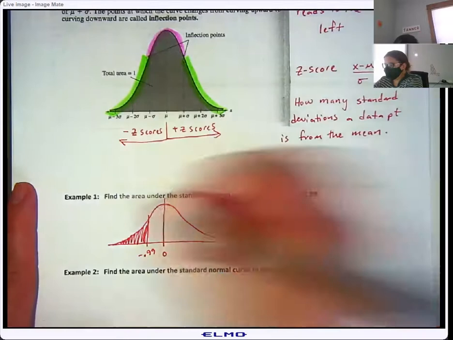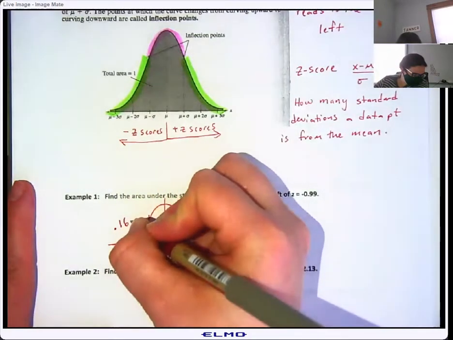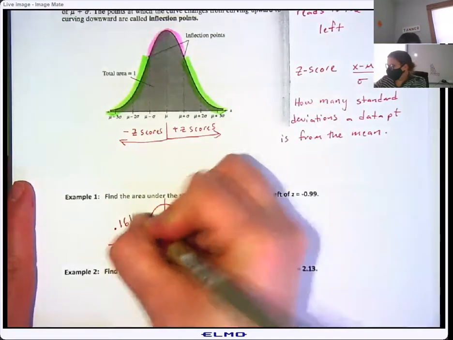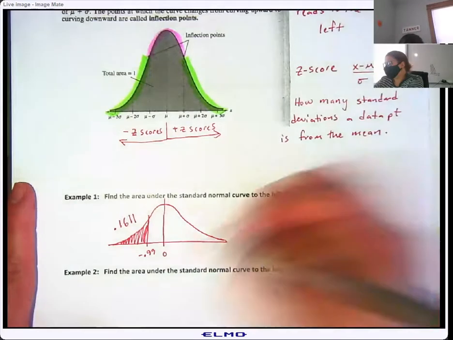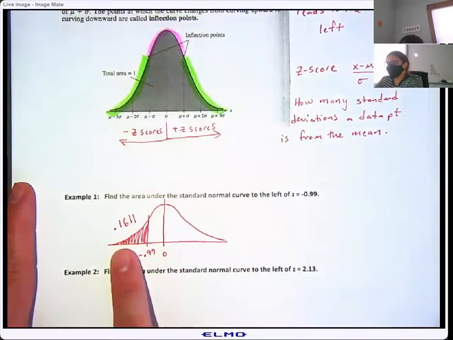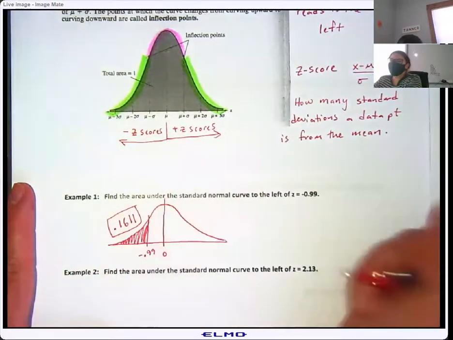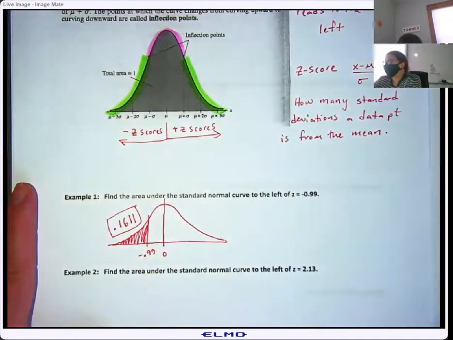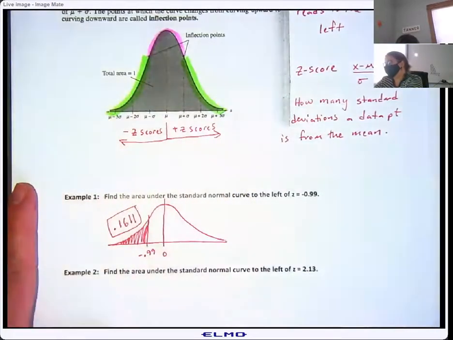So does it make sense that this answer is 0.1611? 16% is what's shaded in there? Does that feel about right? Half of it is 50, right? So down here is about 16%. I think it feels okay. Tell me an answer that would be really stupid. 94%, because this is definitely less than half that has been shaded.